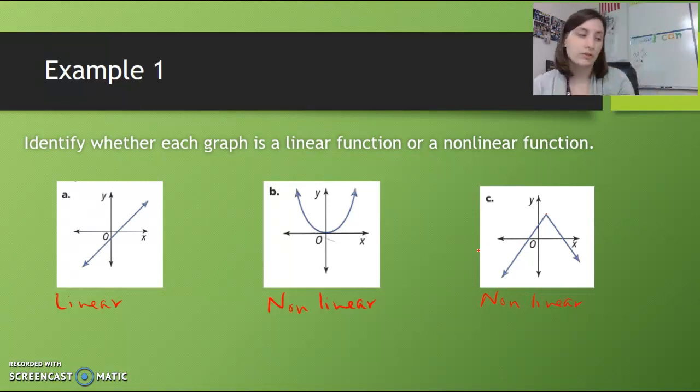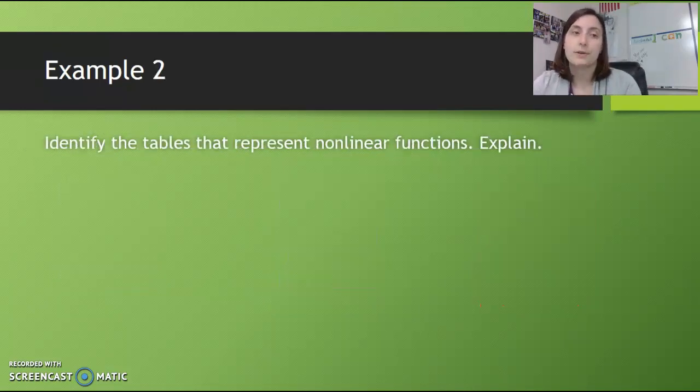It may be created from two lines, but they're not each going off in both directions. Remember, a line goes on for infinity in both directions. So that's how easy some of your homework is: look at the graph. Is it linear? Is it not linear? So we have two nonlinears and a linear here.